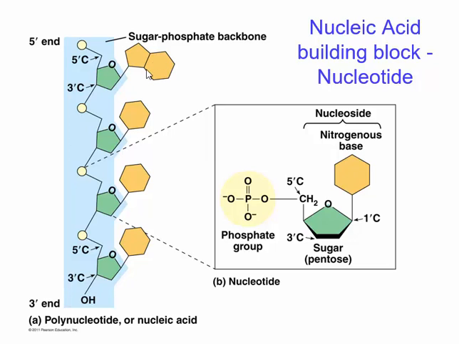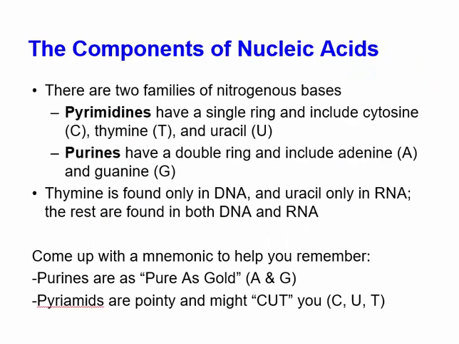So let's look a little more closely at these bases. The bases come in two kinds. They're called purines and pyrimidines. The pyrimidines are C, T, and U, or cytosine, thymine, and uracil. The purines are adenine and guanine.